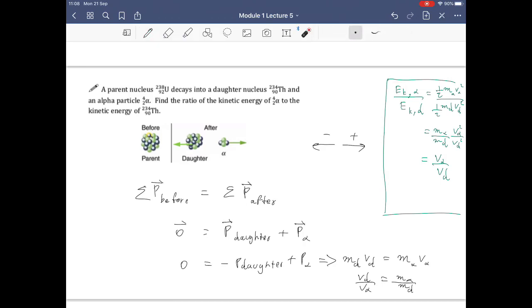The ratio between the kinetic energy of the alpha particle and the thorium nucleus, which is the daughter nucleus, is equal to the speed v alpha over the speed of the daughter, the thorium nucleus, after it breaks down. Okay, just that. I hope it is clear.